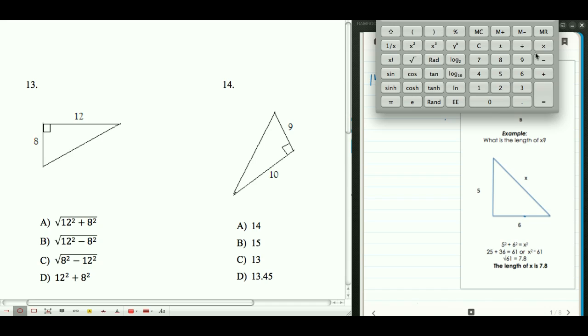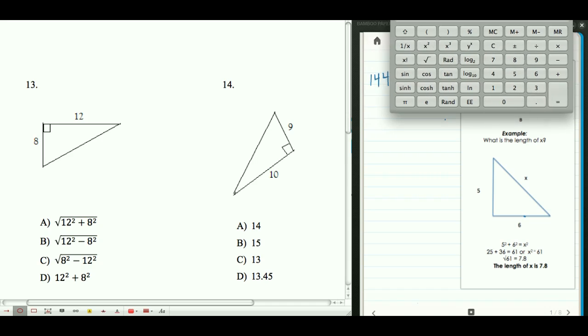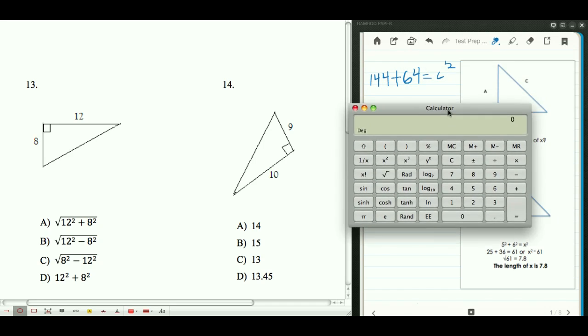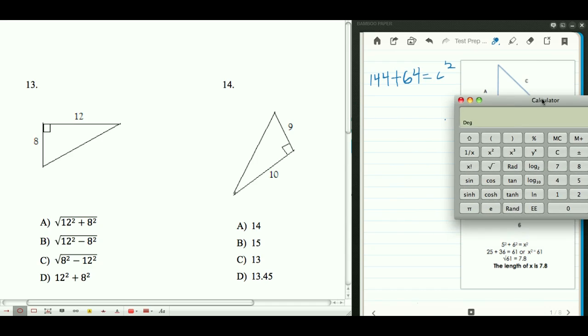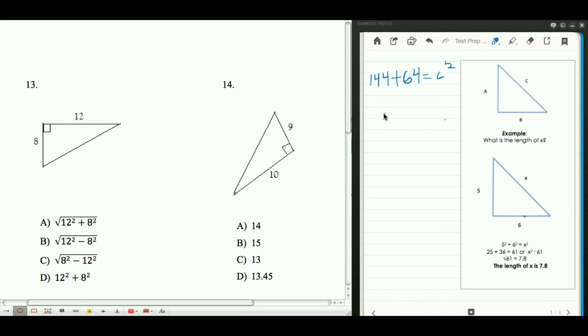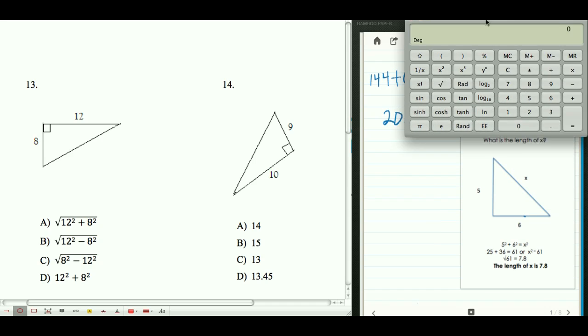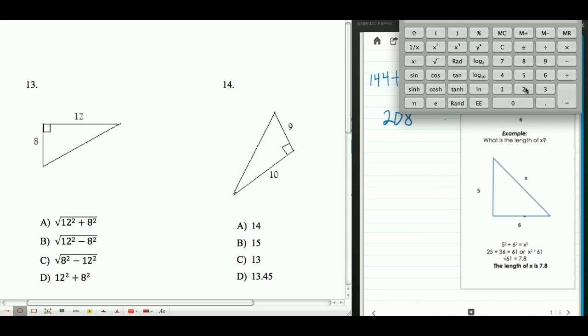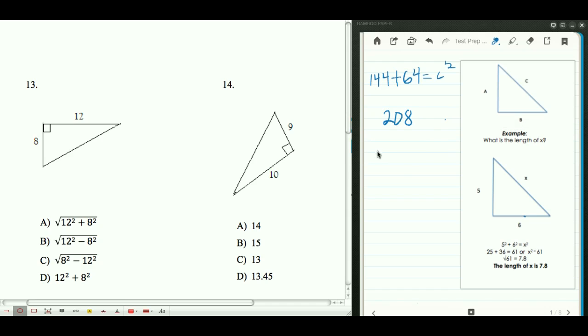Okay, so let's type that in there. 144 plus 64 is equal to 208. So if we write that in there, then once we take the square root of 208, that'll give us our answer, 14.4.